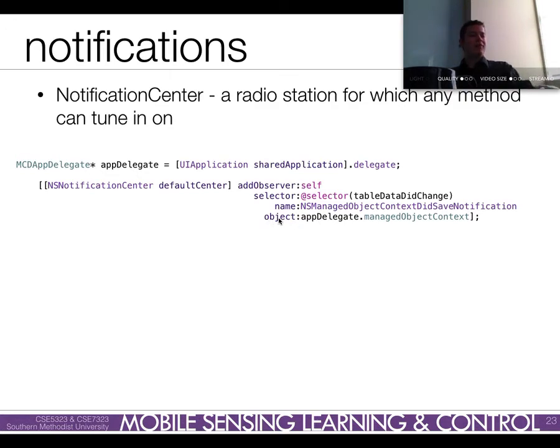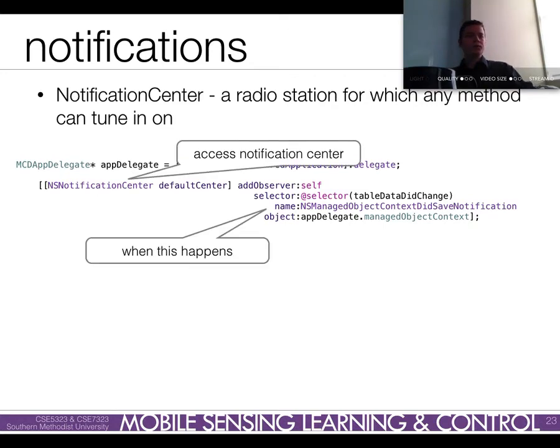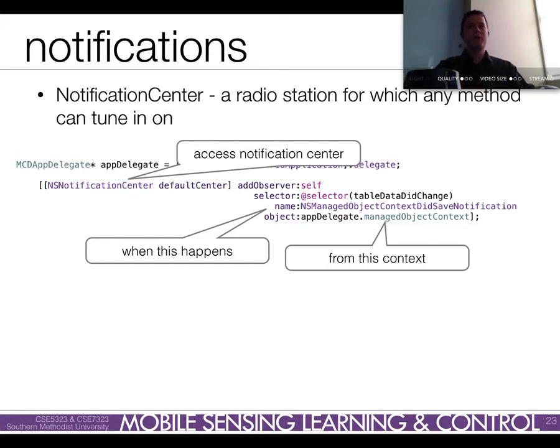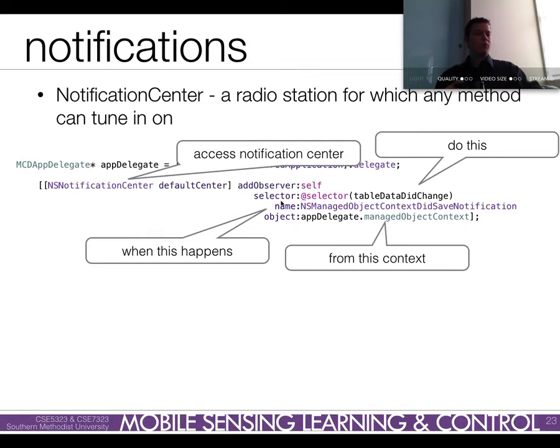And I'm going to do that for the object, this managed object context. So I'm going to access the notification center, and when I get a did save notification from this context, which is the managed object context I have for my core data, do this: perform this selector, which is tableDataDidChange. All right?